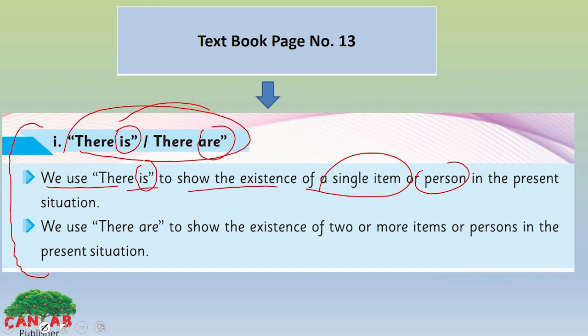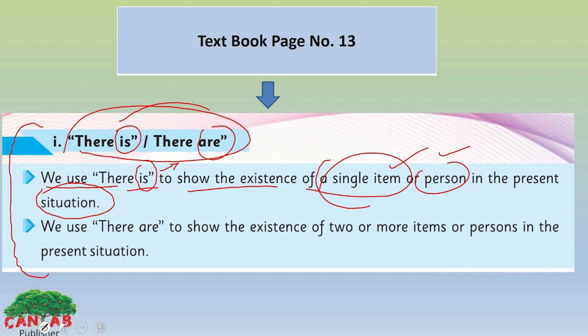Is refers to one thing, one person. Here the is indicates the present situation and one single item or person which is present in this situation.